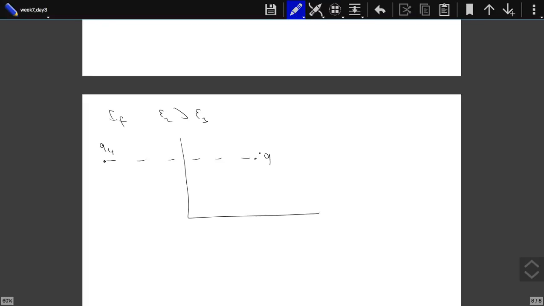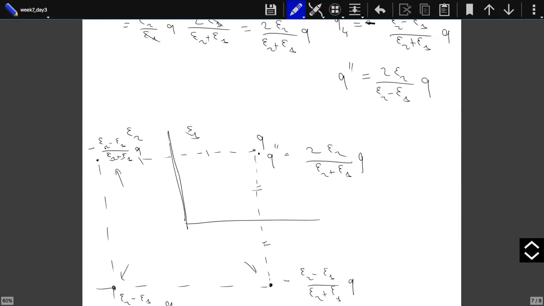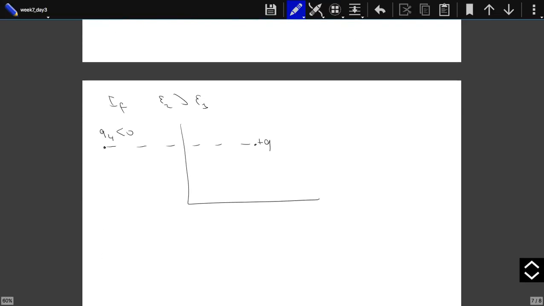Let's say this is a positive charge, and this is less than 0, a negative charge. Epsilon 2 is larger than epsilon 1, so epsilon 2 minus epsilon 1 is positive, but we have this overall minus sign, which makes it negative. And here we would have a Q2 charge, which is less than 0. And here we would have the Q3 image charge, which will be larger than 0.